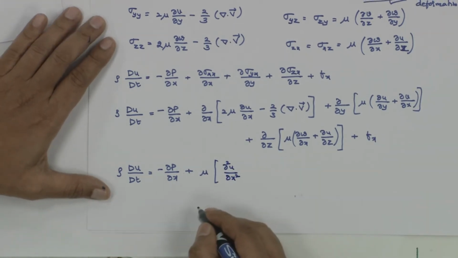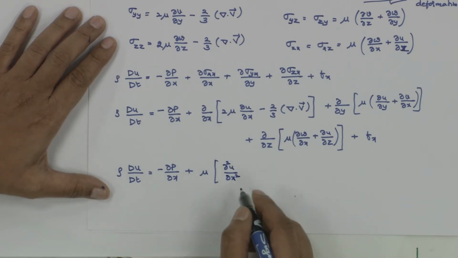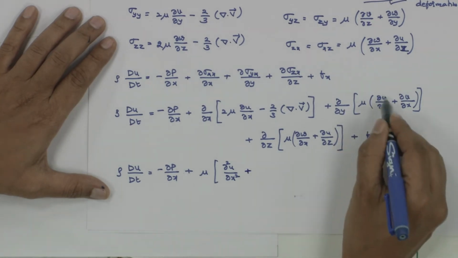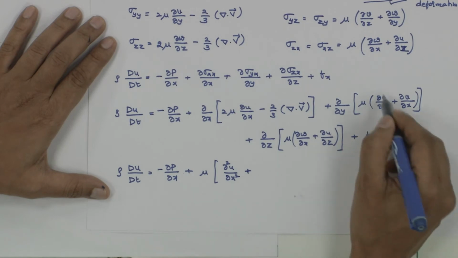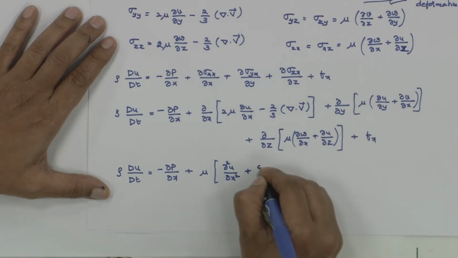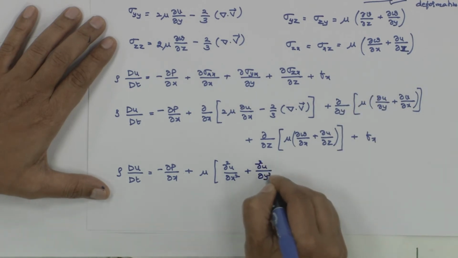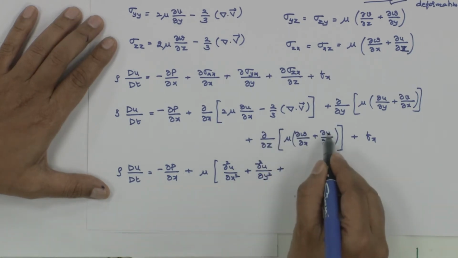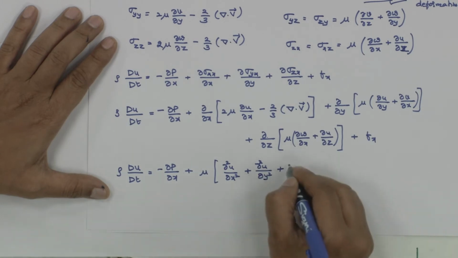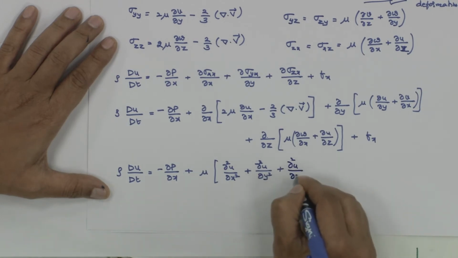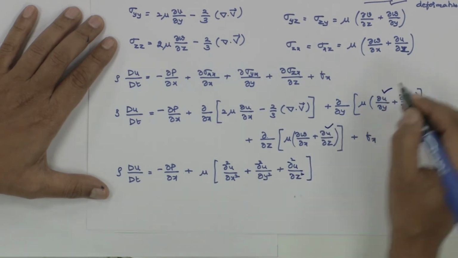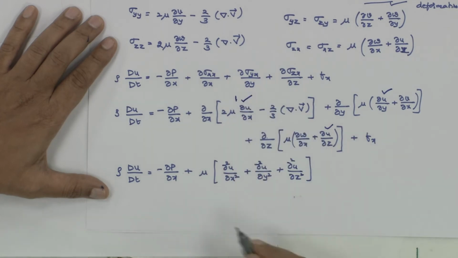Another term we will keep like that, plus mu del squared u by del y squared, then the first term of this is del squared u by del z squared. So this term is over, one of this term is over.